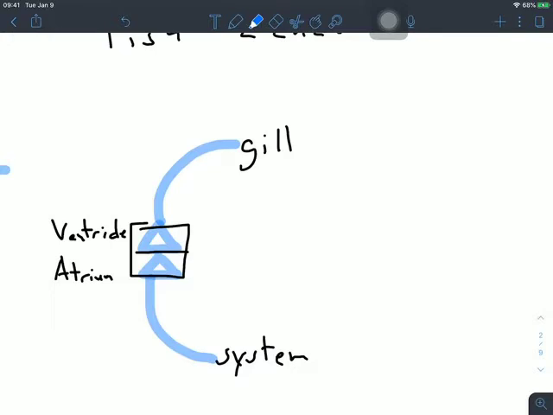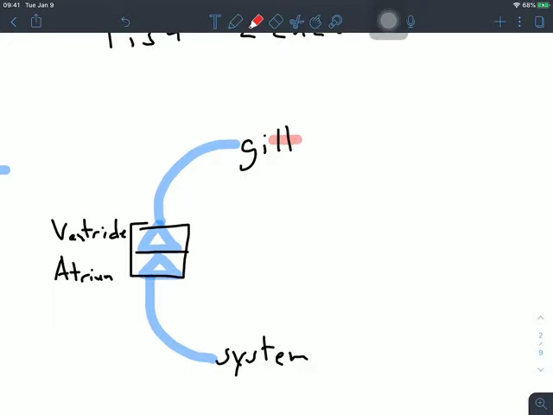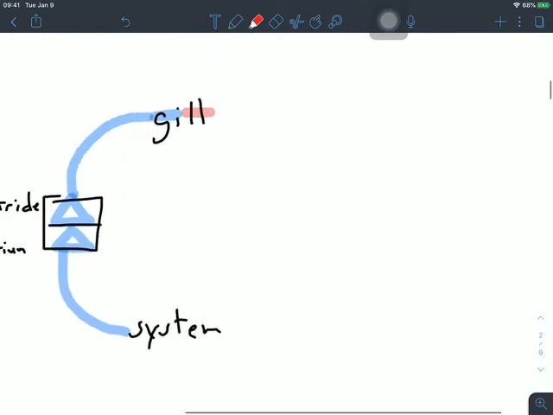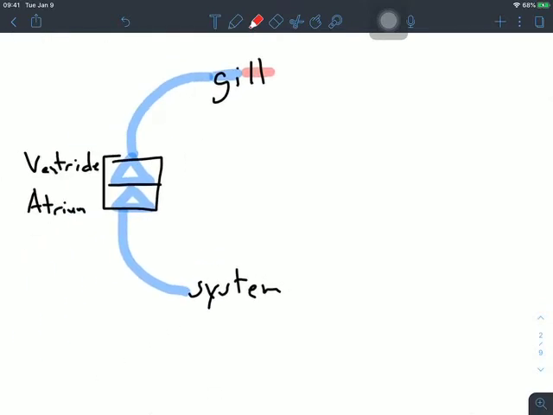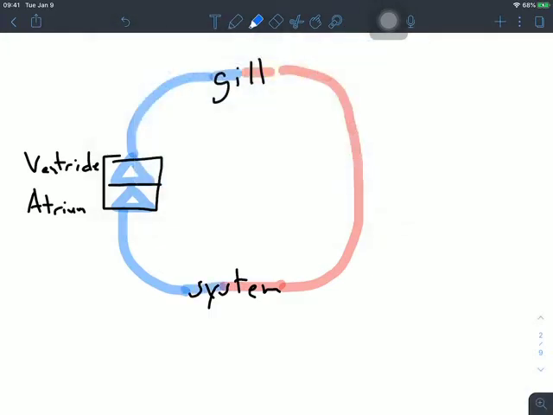And then from the gills, it gets oxygenated. So blood in the gills is deoxygenated as it enters, and then it is oxygen rich afterwards. Then the blood leaves the capillaries that are in the gills and makes its way to the system, where it is highly oxygenated up until it gets depleted, converts in the capillaries here of the system, of the entire body, to then make its way back to the atrium.